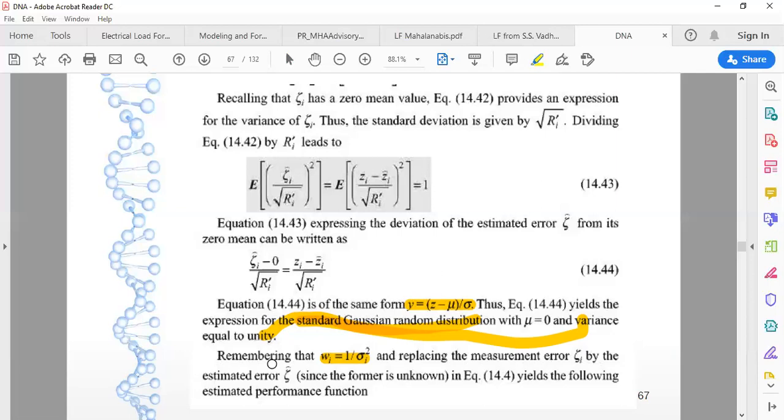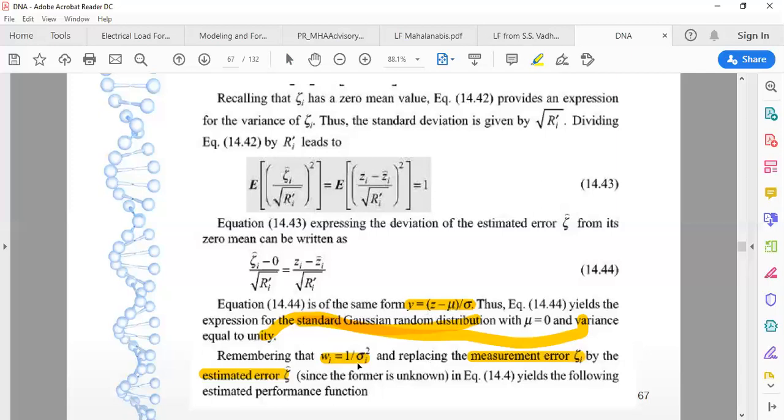Now remember this, we have already previously discussed that Wi is equal to 1 divided by sigma I square. The measurement error is unknown, because we don't know what the value of the measured error will be. The estimated error we know, that the estimated value of error will be 0, and that is our motive. But the measurement error we don't know.